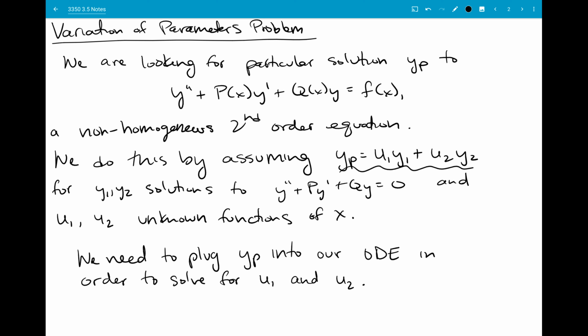And this is going to be one of those sections where after we do this derivation, I'm going to give you the formula for what u1 and u2 are. And the derivation is so long that I'm not even going to try to make you not use the formula. But we're still going to do the derivation because it's practicing this really important skill of assuming what y is, using some fancy calculus and algebra to determine what u should be.